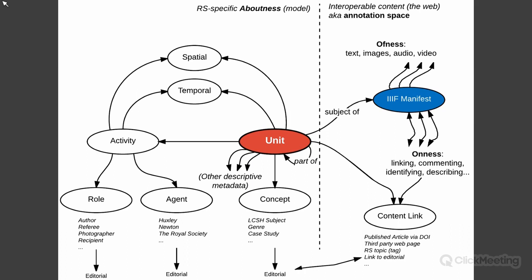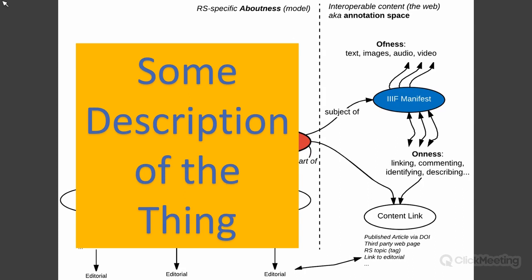That's the domain of IIIF, this digital space for assembling and presenting the object and sharing it in a common format. IIIF does not attempt to do anything on the left-hand side of this diagram. So you can replace what's happening on the left-hand side of the diagram with whatever descriptive metadata scheme you like to use, but what happens on the right-hand side is the world of IIIF.